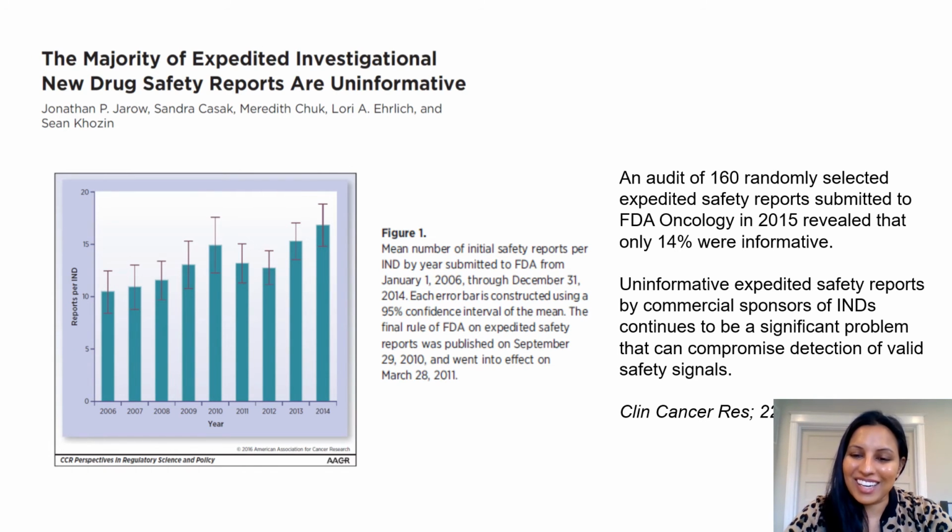It did not go down as expected and as intended. The oncology staff, the authors, did an audit of 160 randomly selected safety reports and found that only 14% were actually informative.